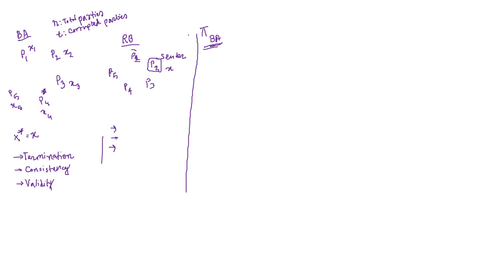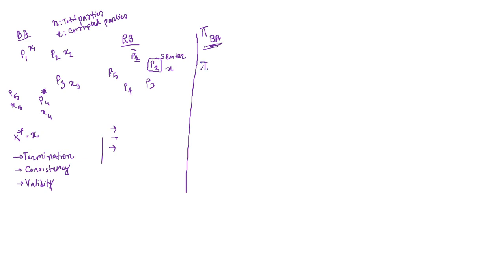So this is the protocol that you have. Now with this protocol in hand, you want to design a reliable broadcast protocol. As you know, in a reliable broadcast protocol there must be one designated sender.